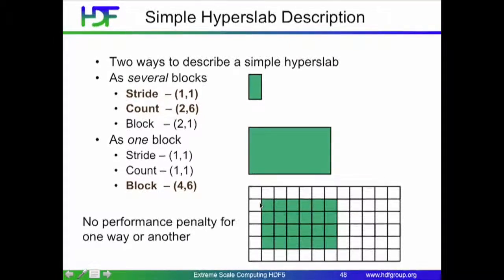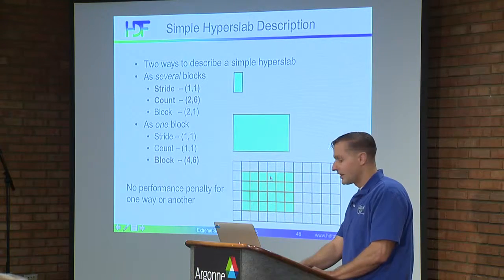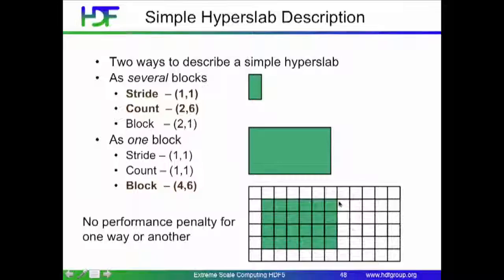Or if you'd rather describe it as little blocks, you can do that too, because the library will put these little blocks together and will say, well, if you're doing MPI-IO, don't write every single little block. Our library is smart enough to know that you're describing a continuous hyperslab here, so I'm going to put them all together for you and write it to disk that way. So you won't have a penalty if you do either.